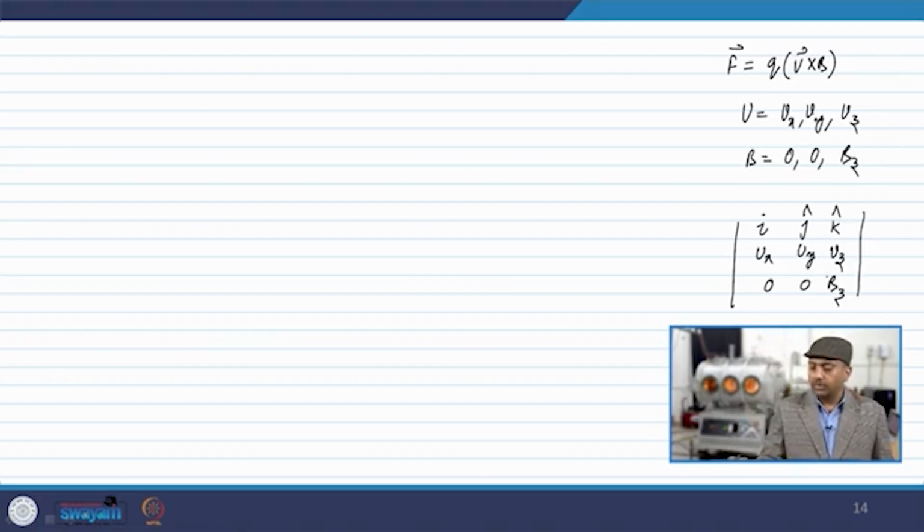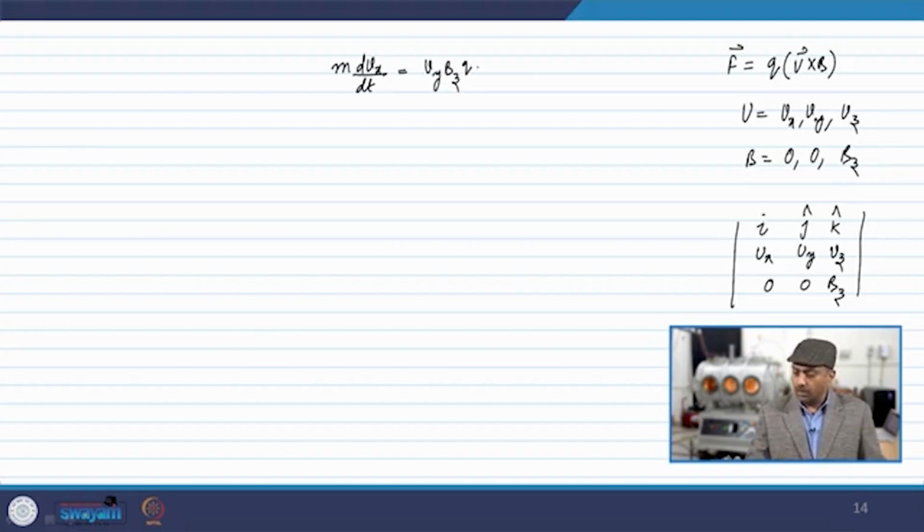Now, taking this vector product, we get m dvx by dt is equal to, in the direction of i cap, q vy Bz, right. And m dvy by dt, in terms of j, will be minus q vx Bz.